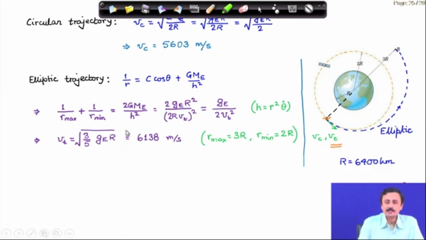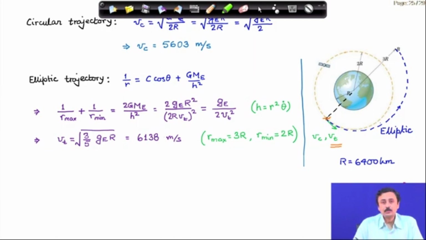R min and R max are known. R min is 2 times the radius of the earth and R max is 3 times the radius of the earth. So, one is 2 times R e, the other is 3 times R e, and once you substitute everything, the straightforward algebra will lead you to the tangential velocity at the perigee for the elliptic path.